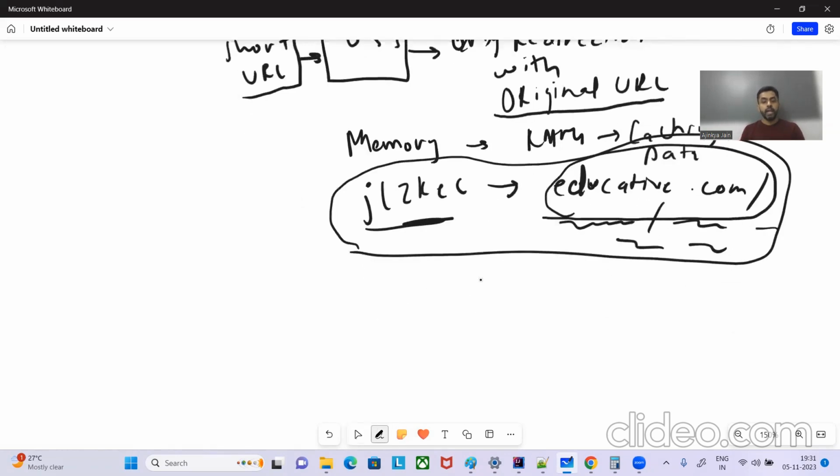So considering the 80-20 rule of caching, what does it mean? 20% of the short URLs generate 80% of the traffic. This means there will be 20% of URLs which provide most of the 80% of the traffic.